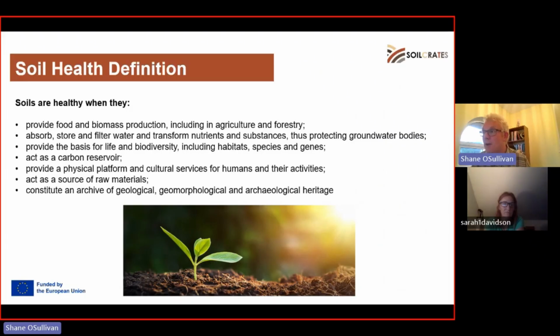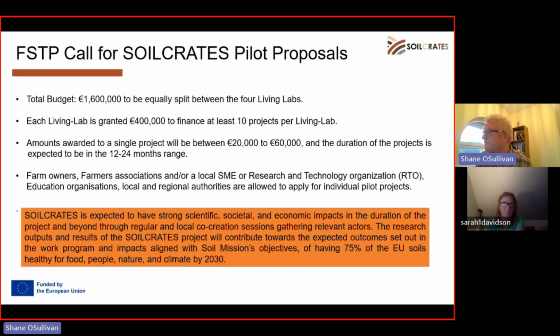They can help to protect groundwater bodies. They also act as a physical platform and provide cultural services for humans and their activities. They can be a source of raw materials. So healthy soils are very beneficial for society at large, and especially within the agricultural sector.